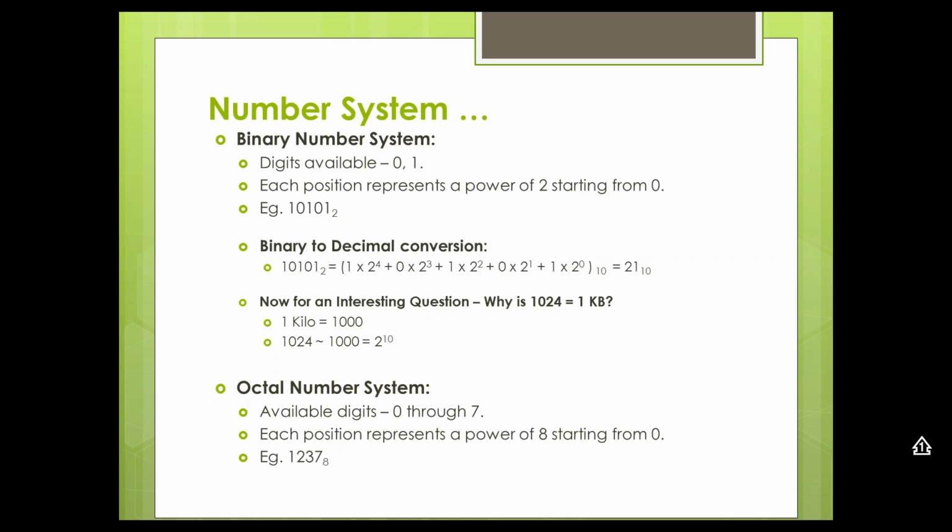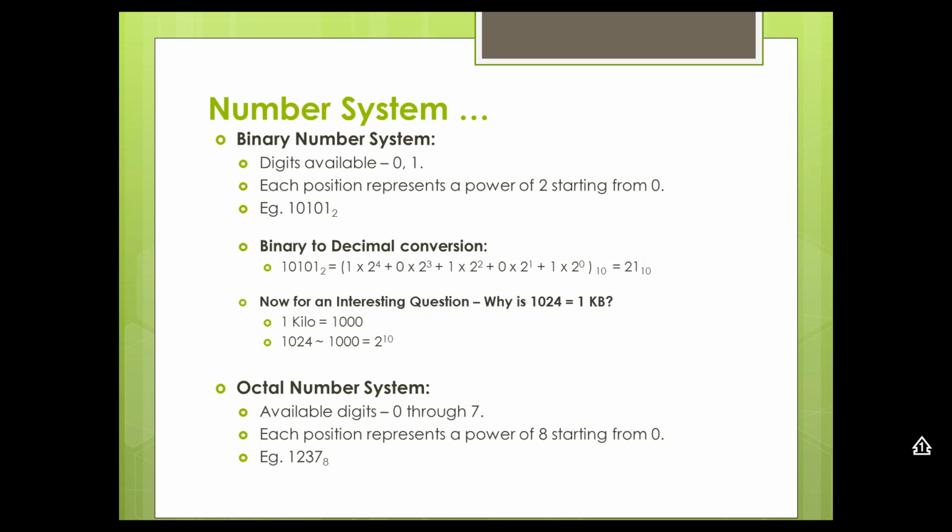If you take the power of 2, because that is the number system of 0 and 1 which the computer can understand, 2 to the power of 10 is equal to 1024, which is very near to 1000. That is why we always take 2 to the power of 10 as 1k, that is 1 kilobyte, equal to 1024 bytes.